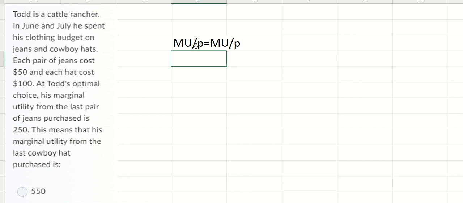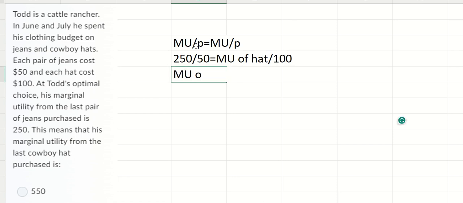So for jeans, the marginal utility is $250. The price for jeans is $50 each. Now we're looking for the marginal utility for cowboy hat, divided by the price of cowboy hat, which is 100. So just solve for the MU of hat, right? If you do the math, this should give you a total of 500.